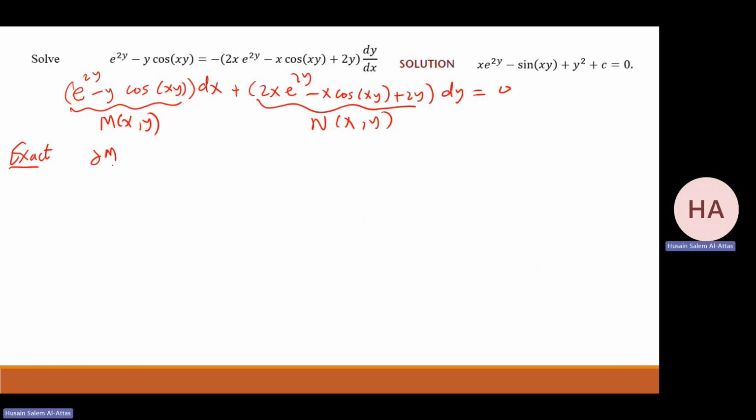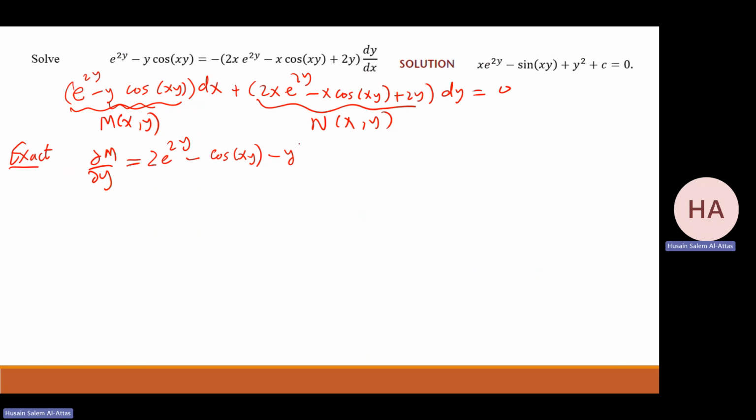So partial m with partial y, look, I'm doing the derivative with respect to y. E to the power 2y, it means 2 e to the power 2y. Okay, here I have function of y, function of y. Product, and product rule. So derivative of the first is 1 times the second, minus the first times derivative of the second.